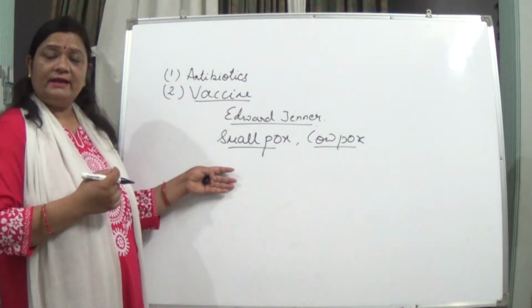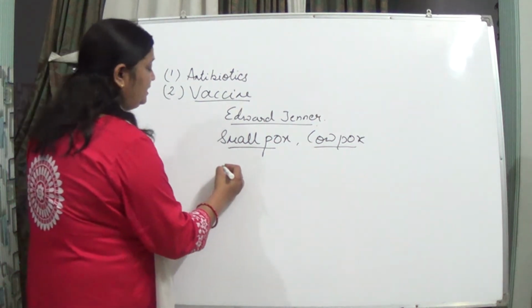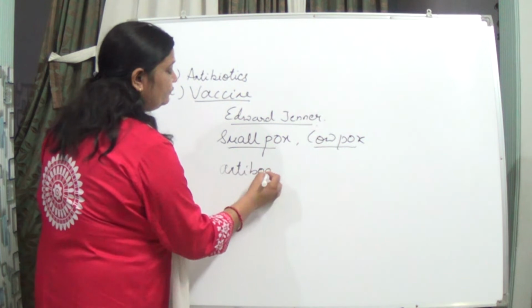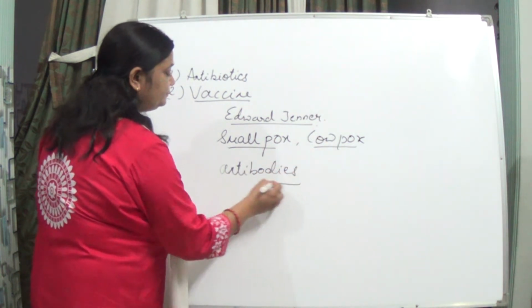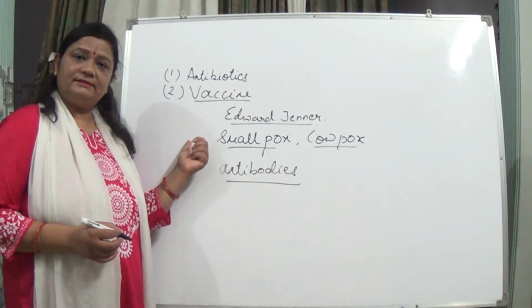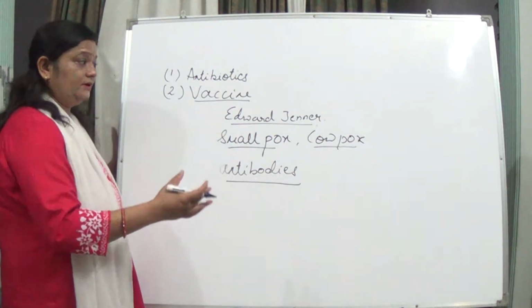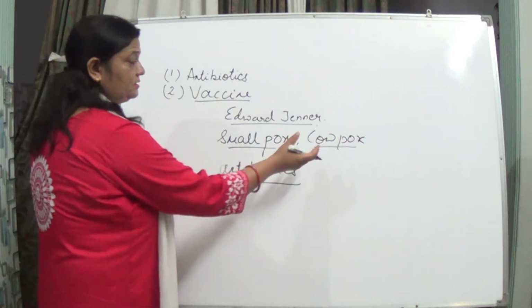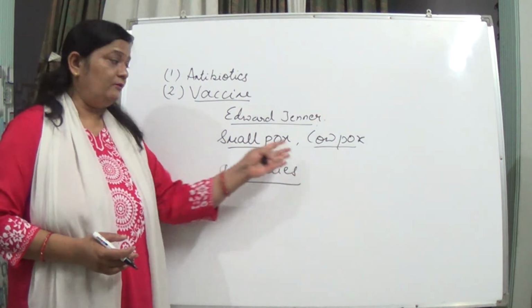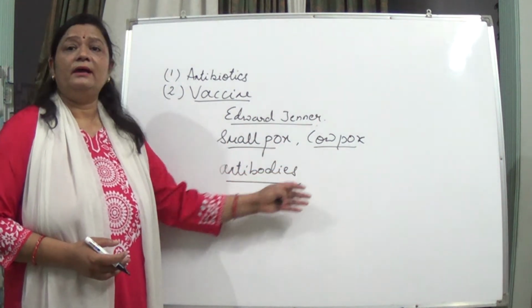Because antibodies had been formed in the body of that boy against that disease. And after discovering everything, the answer was also found for cowpox. People who had suffered earlier were not suffering from smallpox because their body had produced the antibodies against the disease.